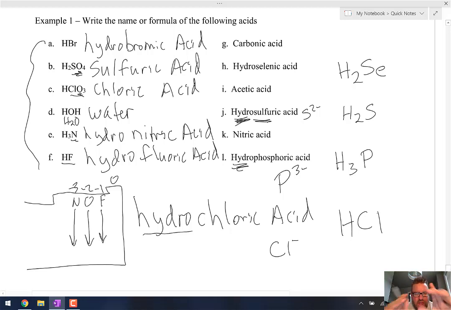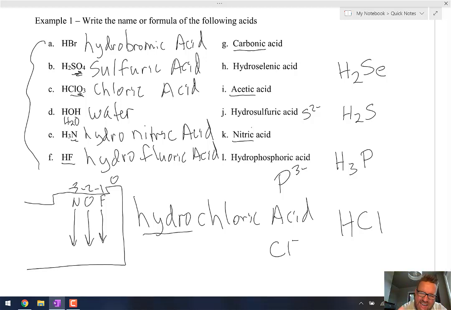So again, anytime an acid starts with the prefix hydro, you go to the periodic table and use the element, not the ions from earlier with the ionic compounds. Now, for all the other ones, what if it doesn't start with hydro? What if it's just carbonic acid or acetic acid or nitric acid? Then don't look at the periodic table.